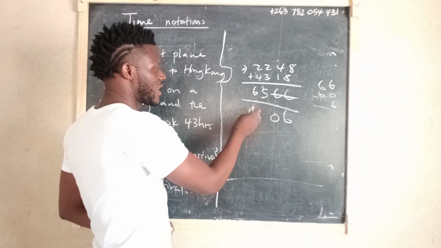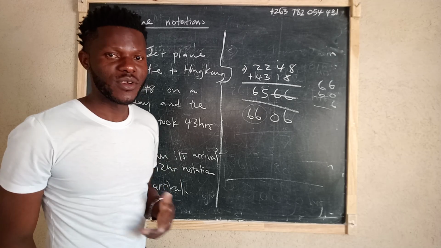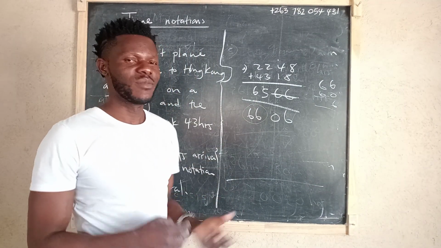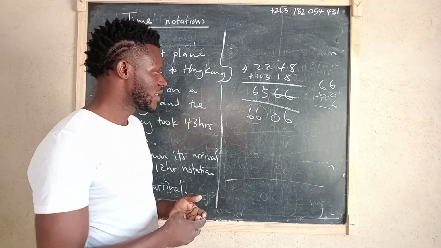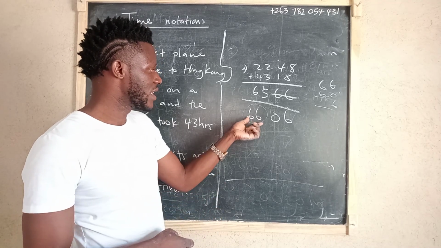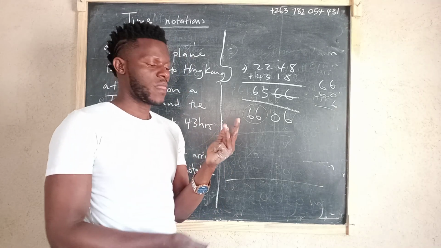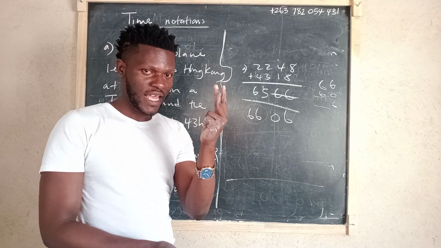But still, the number of hours is unusual, because a day is 24 hours long, so the number of hours should be less than 24. Let's find out how many 24 hours, or days, we have in this. 24 hours plus another 24 gives 48.